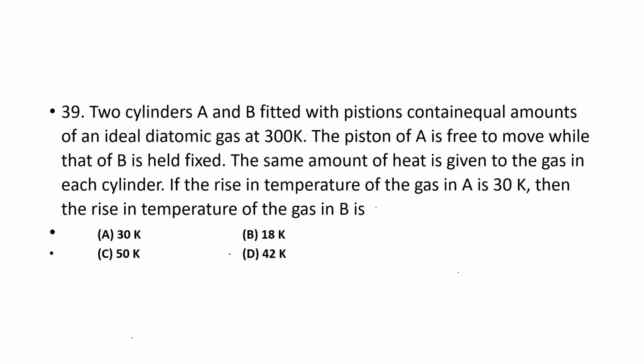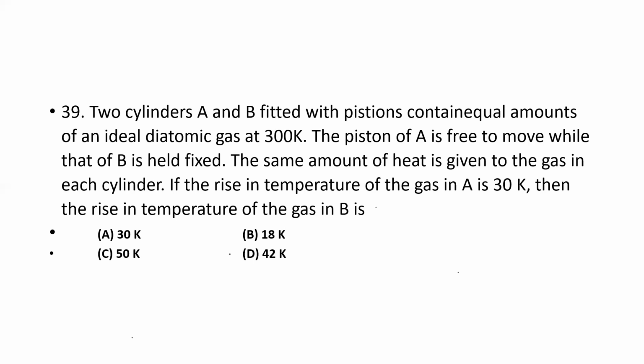See here, in both the cylinders A and B, the gases are diatomic. So for diatomic, the gamma value will be how much? It is 1.4. Right. So when the piston is free to move, it means that it is isobaric process. Piston B is fixed, which means that it is isochoric process.